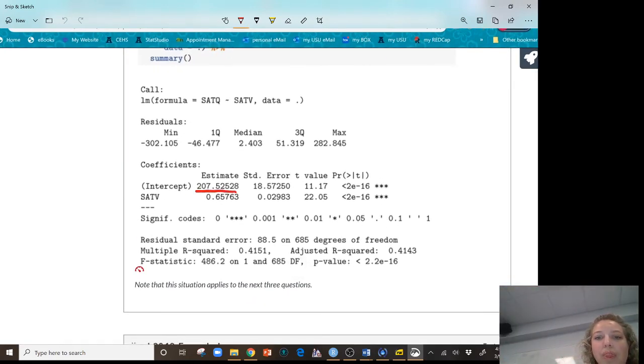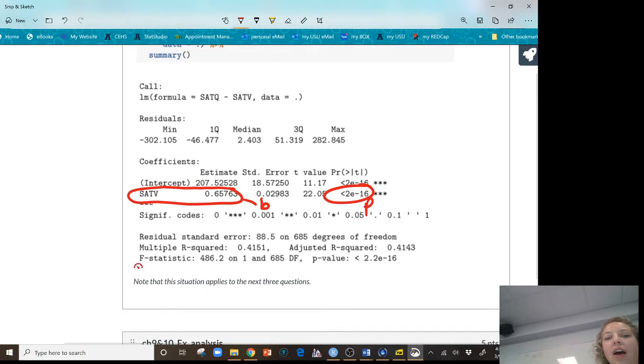So this is our beta, our slope, and this is the p-value that goes with it. Usually when you write this up, first you talk about the averages of the verbal and the quantitative, and that they were positively correlated.